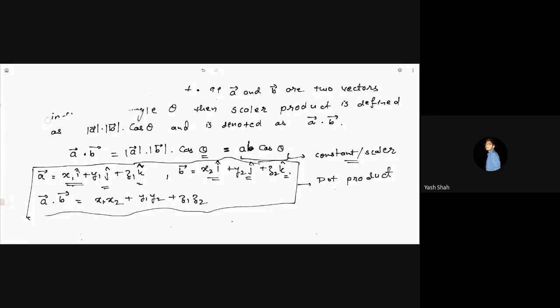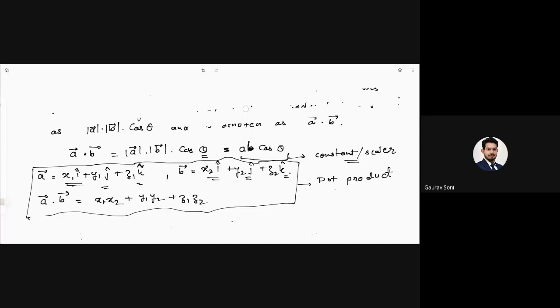Yes, sir. Done. So we have seen that when i is multiplied to j, the answer is 0. When j is multiplied to k it is 0, and i multiplied to k, the answer is 0.